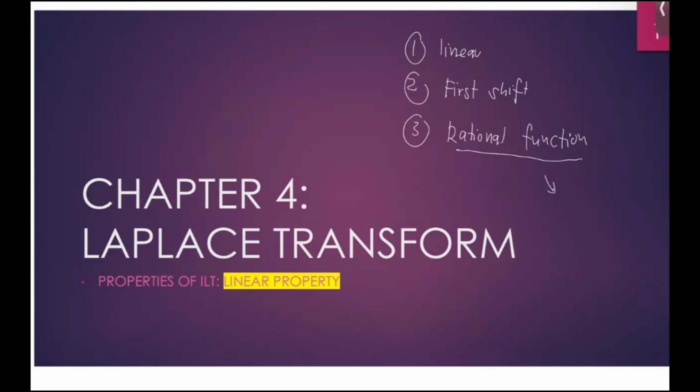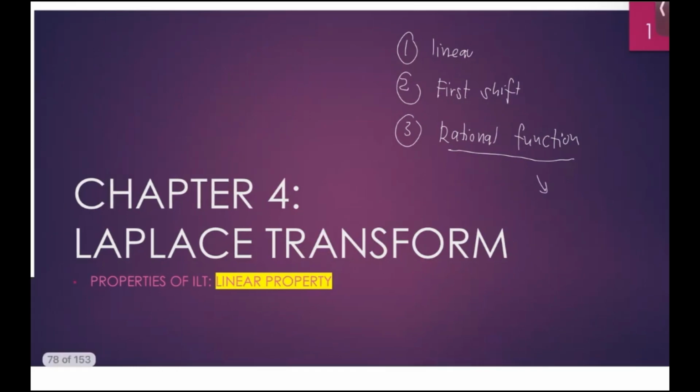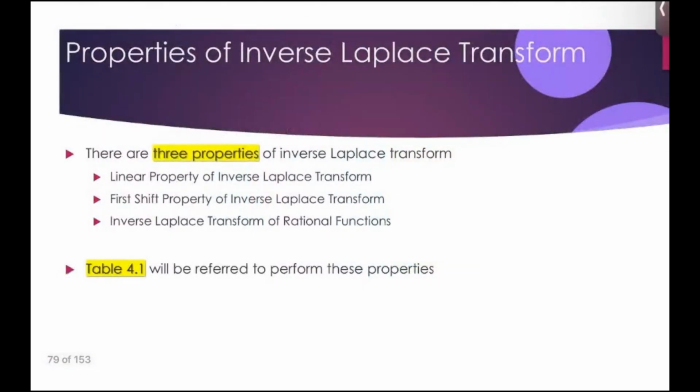All right, so I want to continue with the first property, which is the linear property of Laplace transform. As I said just now, we have three properties which apply to the inverse Laplace transform. Because not all functions in the Laplace domain you can transform directly to f(t).